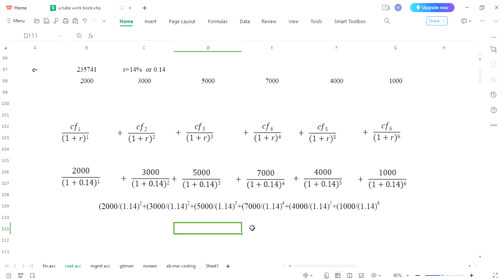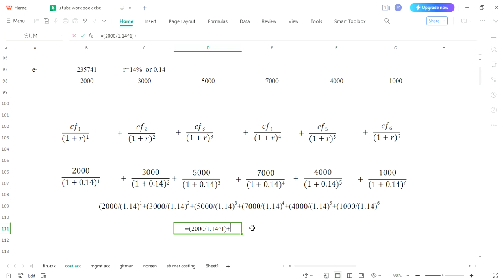From here, we will see how to put these values on calculator. 2000 divided by 1.14 raised to power 1, close your bracket, and then you will add. So simply from here you will just start copying it instead of writing again and again.